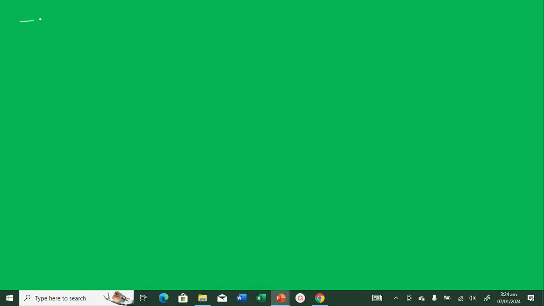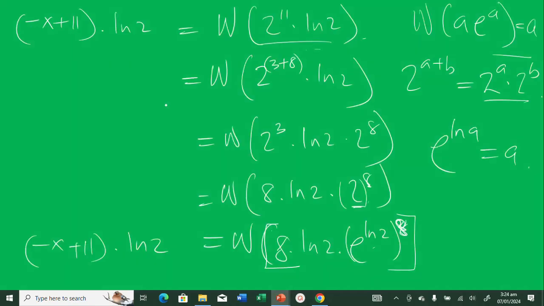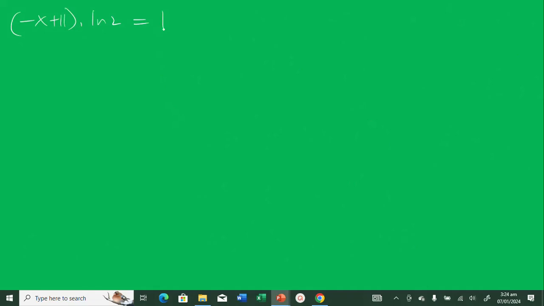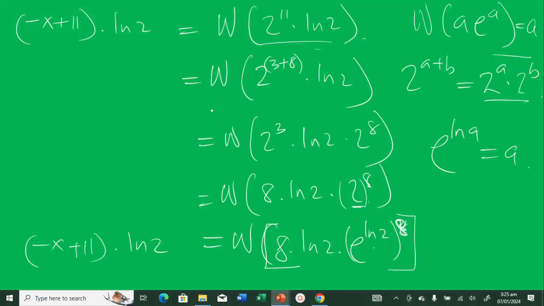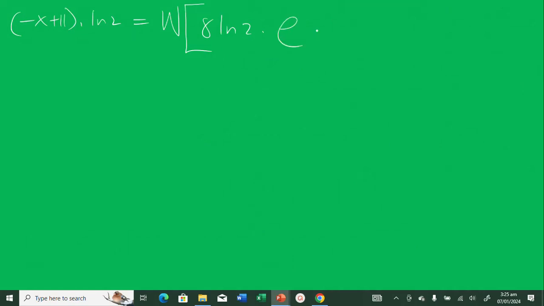So you now have minus x plus 11 times natural log 2 is now equal to W of 8 natural log 2 times e to the power 8 natural log 2.